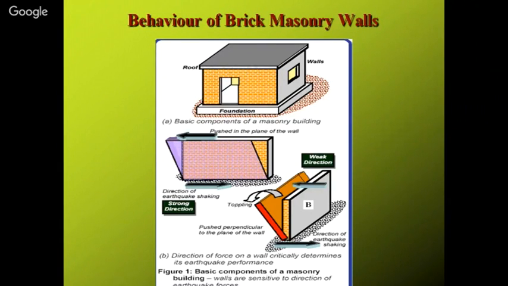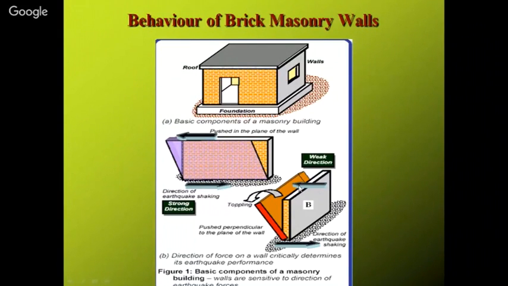So this is how I have explained in plane and out of plane action of forces. This particular wall is acting as an in plane wall, and at the same time the adjoining wall acts as an out of plane wall, and it is very weak in this direction.